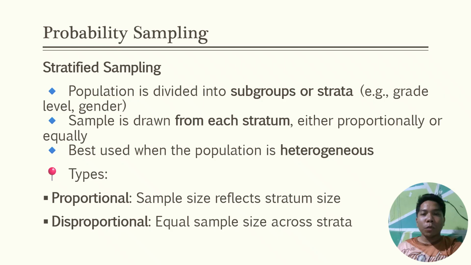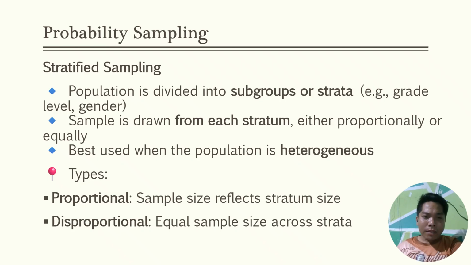One of the most powerful ways to ensure that all meaningful subgroups in your population are fairly represented is by doing stratified sampling. This is still under probability sampling. The population here is divided into subgroups or strata, for example, the grade level, gender, teaching experience. So you need to start identifying your strata.